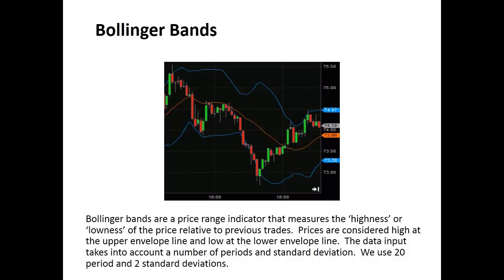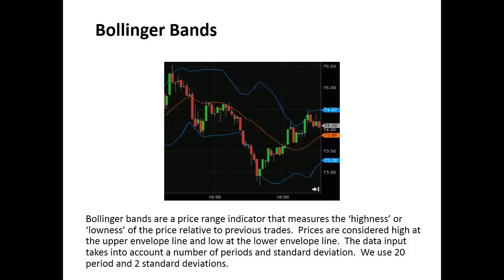So they do a good job of capturing the range, which also gives you an idea of potential profit targets or stop loss areas. Now when you introduce Bollinger Bands into the equation, you have a visual of how far up the stock can move before it hits the top of the range and then will pull back down, and vice versa. How far will the stock fall before it coils back up?